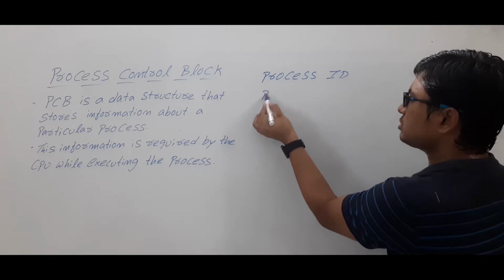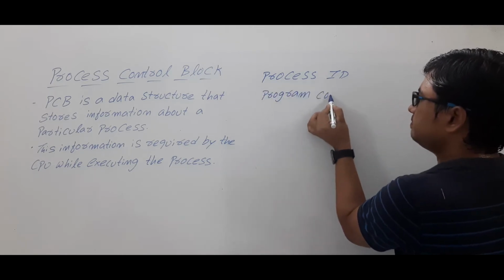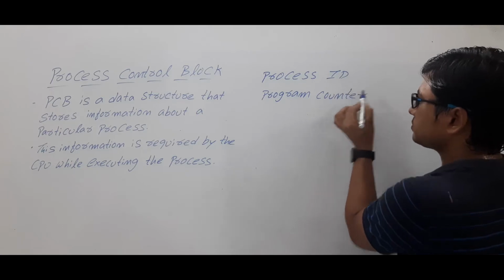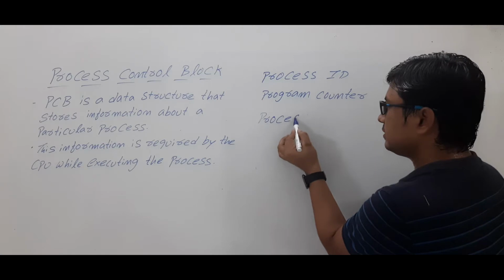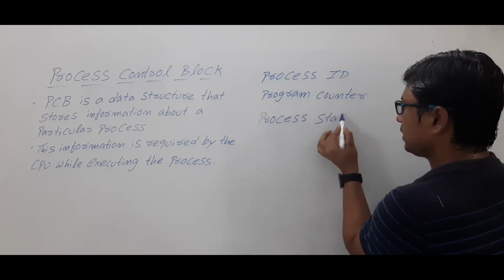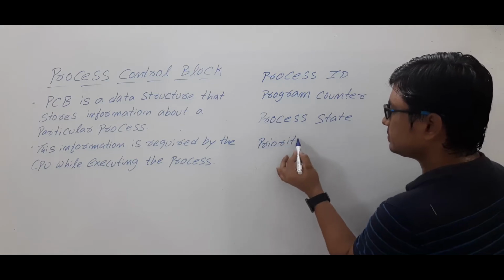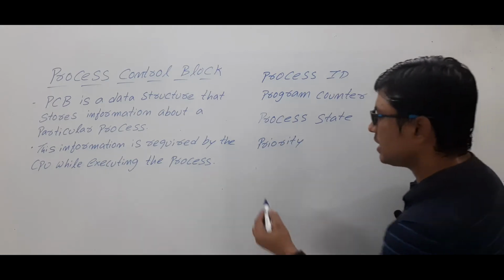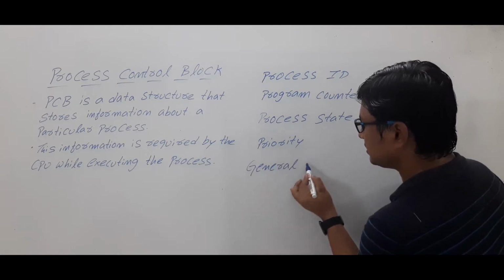Then it will consist of the program counter. Then it will have the process state. Then you will have the priority of a particular process, and then you will have general purpose registers information.